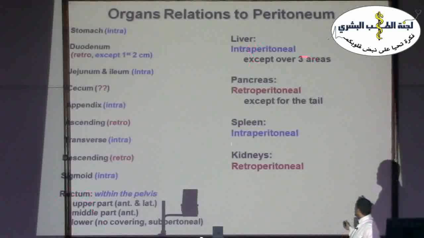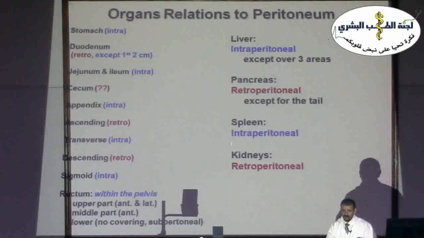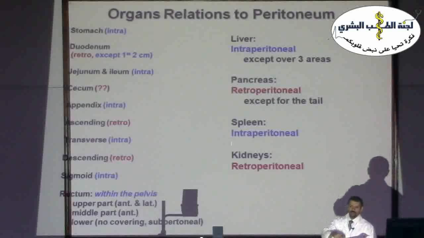Liver is covered by peritoneum except over three areas. We will study them. One is called the bare area of the liver. The second one is where the portal triad enters and leaves. Because if they are covered by peritoneum, these portal triads cannot get into the liver. So you remove the peritoneum to get them in.